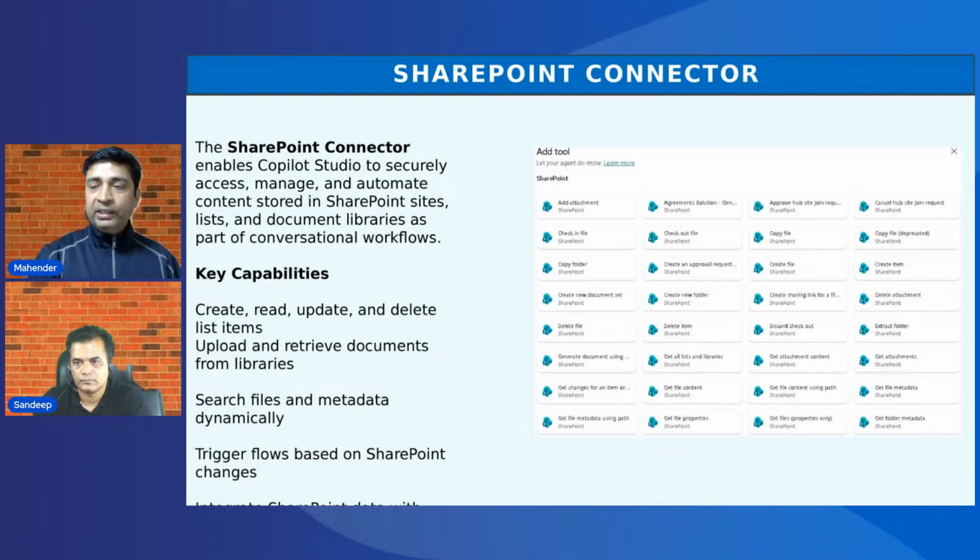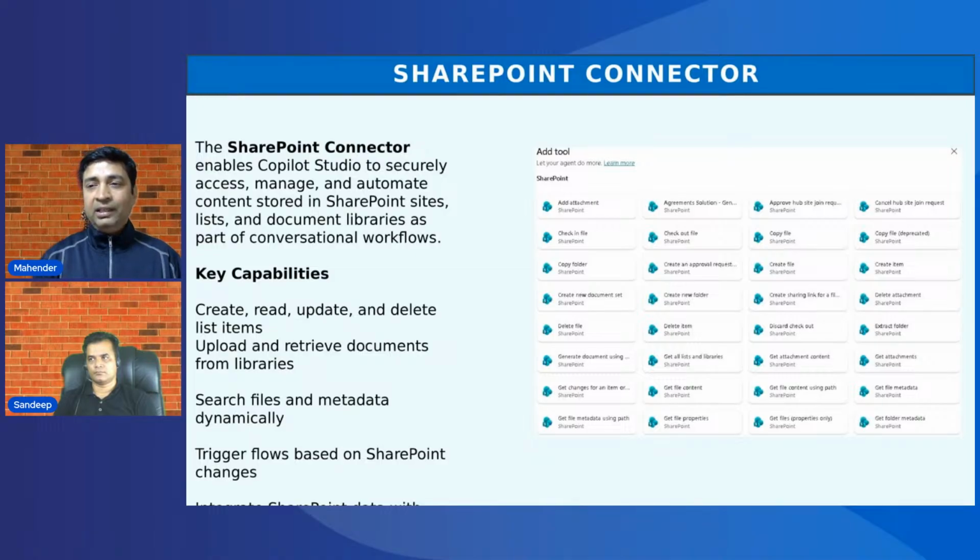The SharePoint connector is part of the Power Platform. We can easily utilize this connector in Copilot Studio, or if you are working with Power Automate, you can use it there too. It has different actions and triggers.